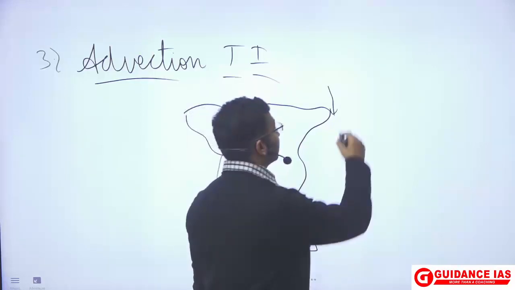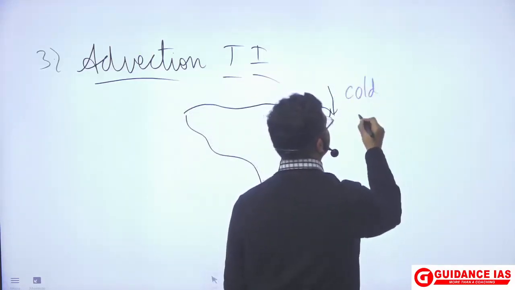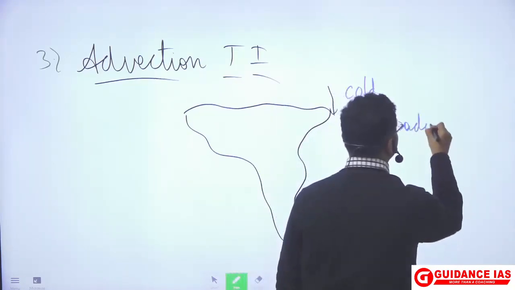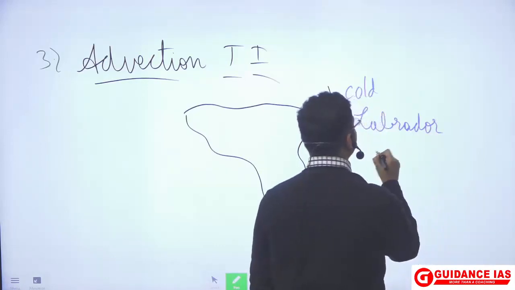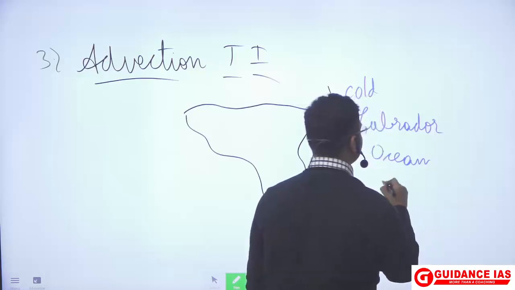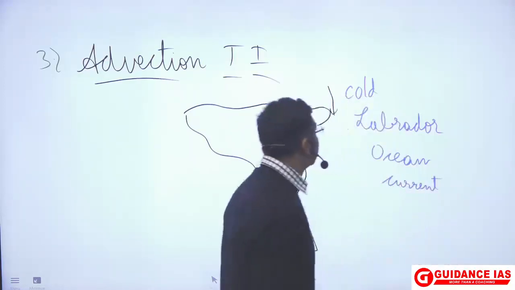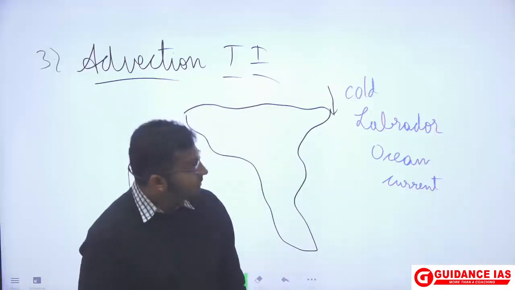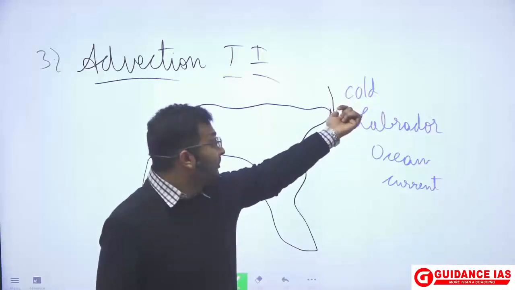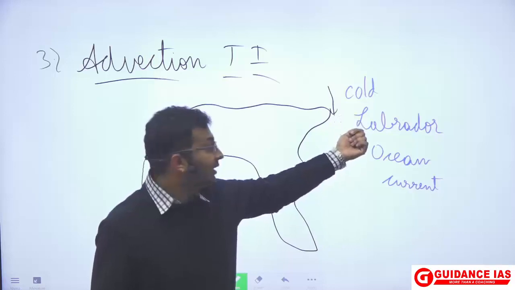There is the cold Labrador ocean current coming from the Arctic region. So this cold ocean current brings in cold air masses from the Arctic region.